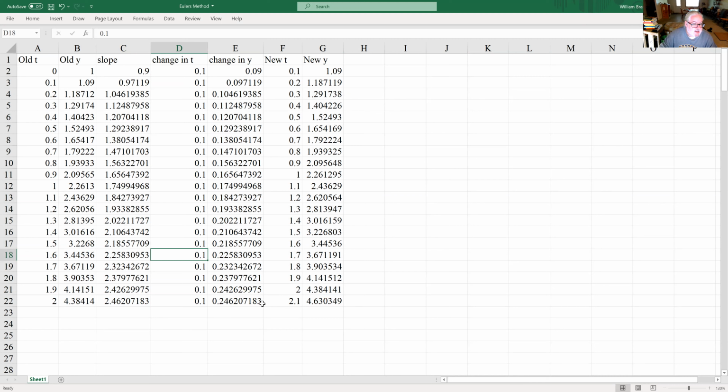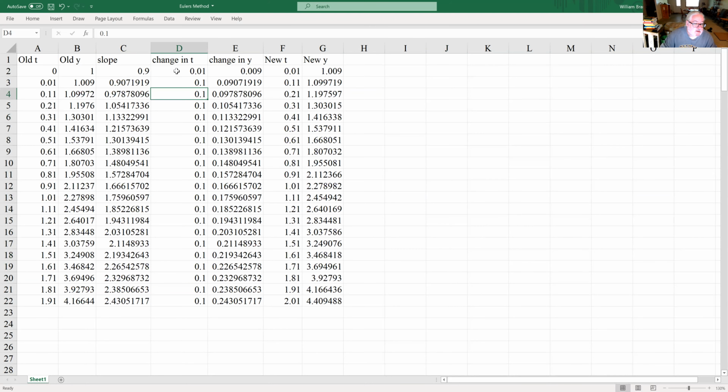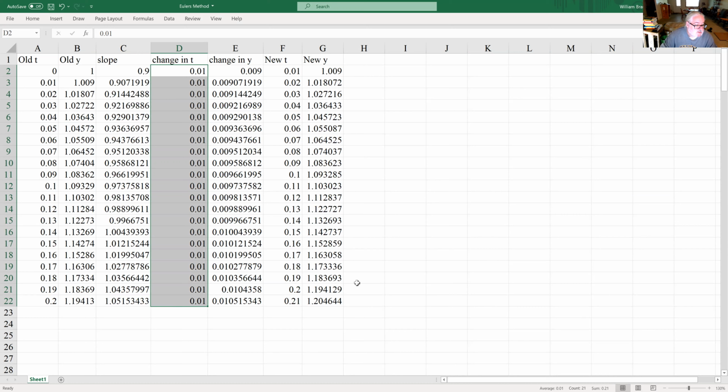So suppose we wanted to be really close, how would we actually get there? If we change this to 0.01, and change all the numbers around, well, that only gets you to 0.2, because if each step size is 0.01, if you take 20 step sizes, you're going to get to 0.2.